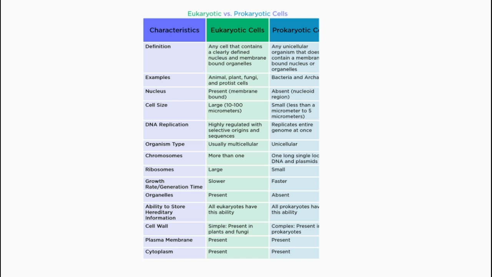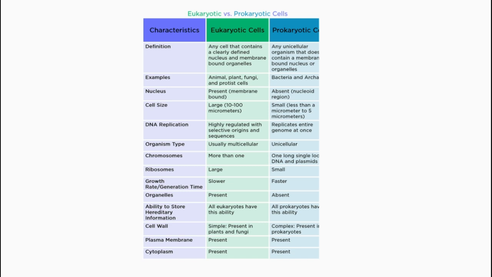Examples of prokaryotic cells are bacteria and archaea, right? The nucleus is very much present in eukaryotic cells, and in prokaryotic cells the nucleus is very much absent.